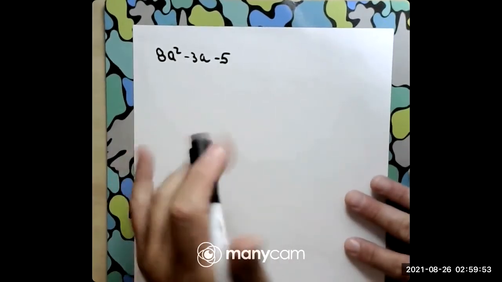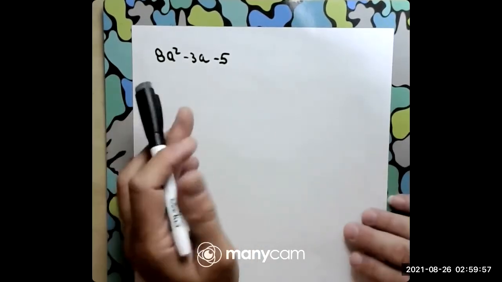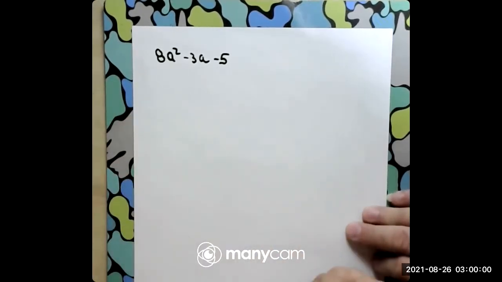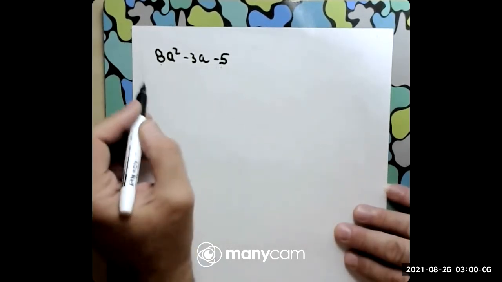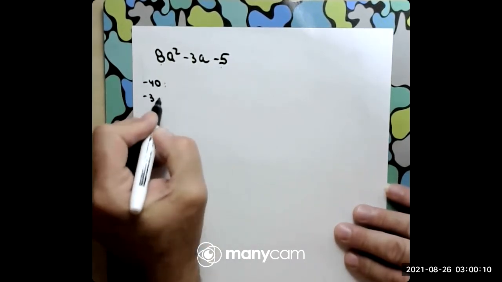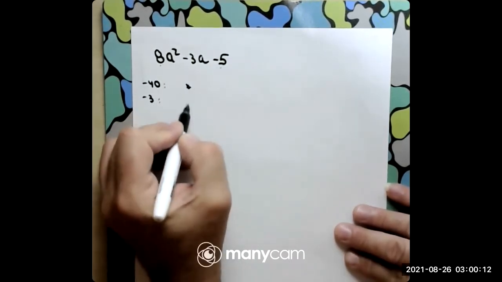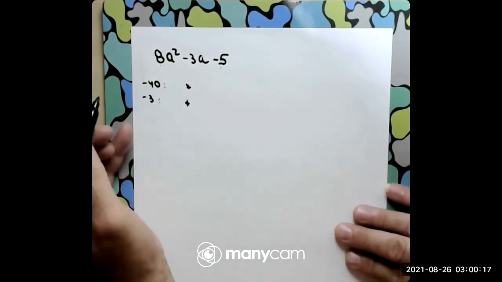Okay, so let's go ahead. This is just extras. If you want to continue, there are maybe 2 or maybe 3 examples. So let's see very quickly, folks. My goal is to do it in 2 or 3 minutes or less. 8 times 5, negative 40, middle number, negative 3. Factors of minus 40 that give me minus 3.